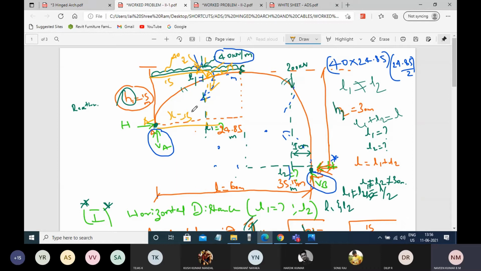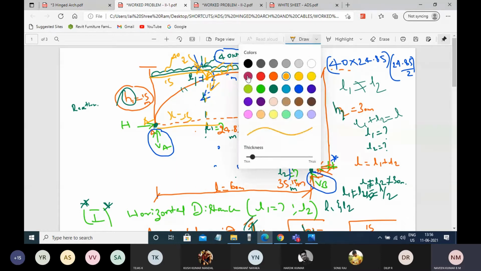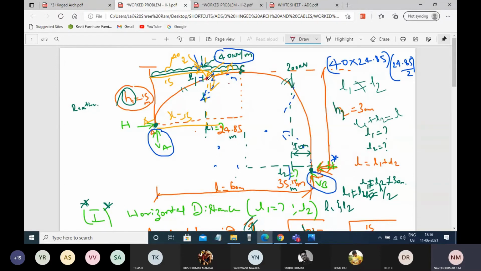So now let me consider moment about the dark point, that is x equals 15 meter. Up to this point, VA is acting vertically upward. To reach this point, you require a perpendicular distance of 15 meters. So that is VA times 15. And you see the rotation of this force about this point is clockwise, so positive.